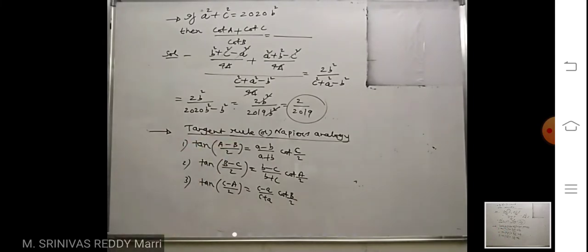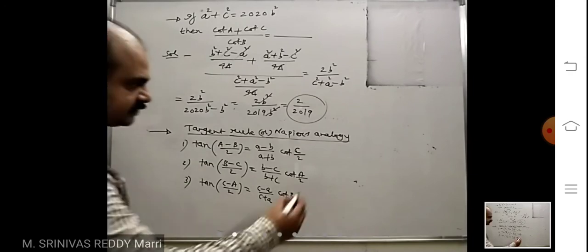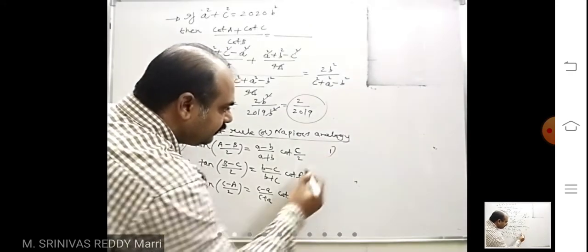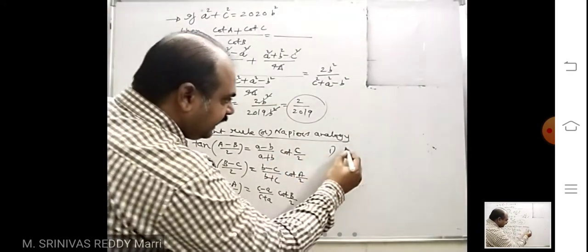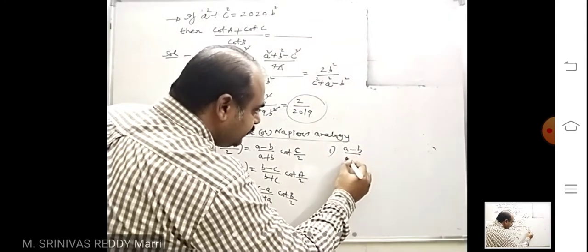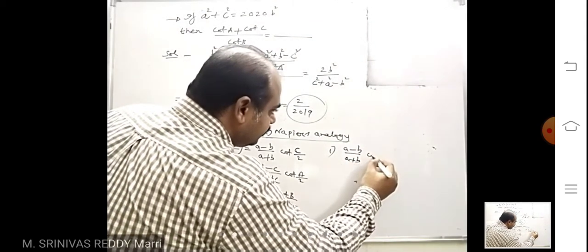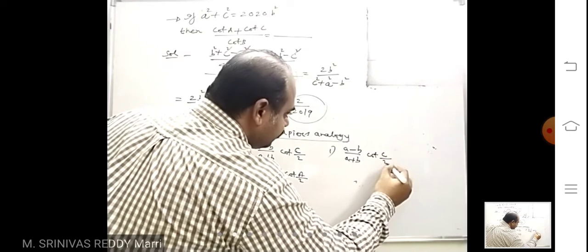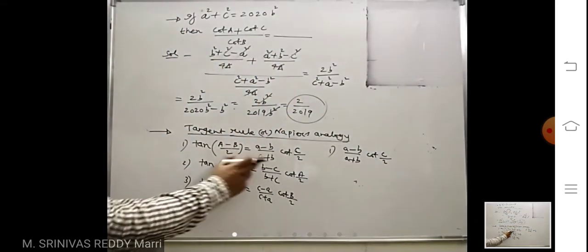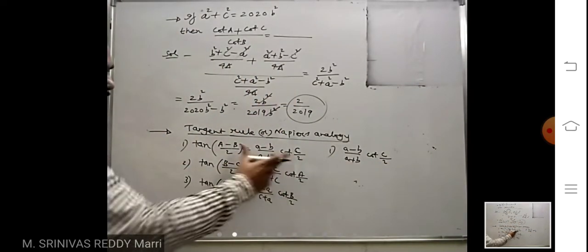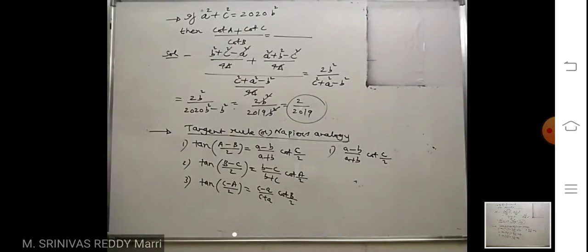Look at, I will tell the proof of one theorem. First proof I will tell. So look at first one, take. I am taking (a minus b) divided by (a plus b) cot C by 2. First theorem, I am taking this RHS and will prove that this is tan of (A minus B) by 2.